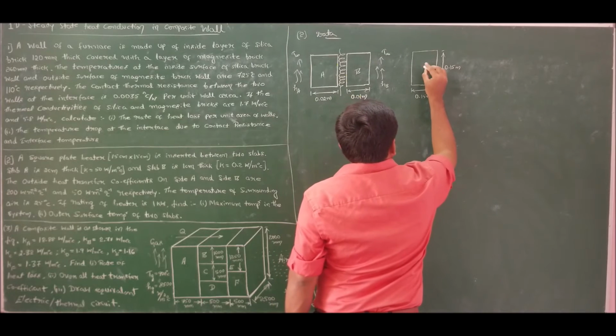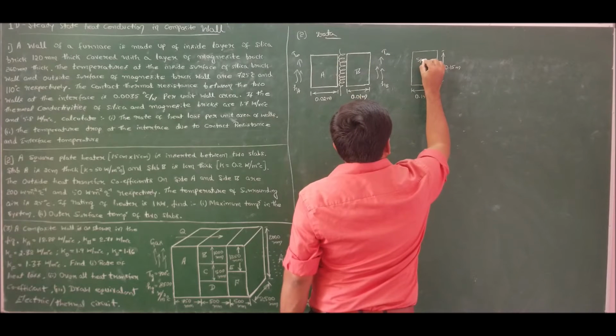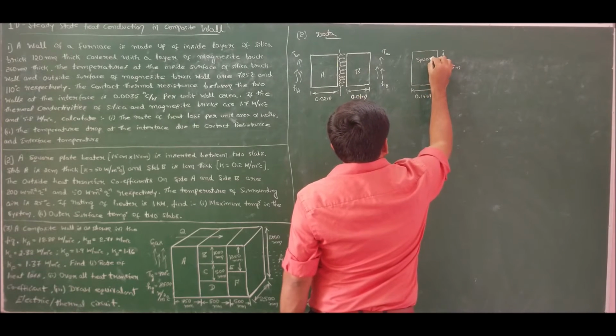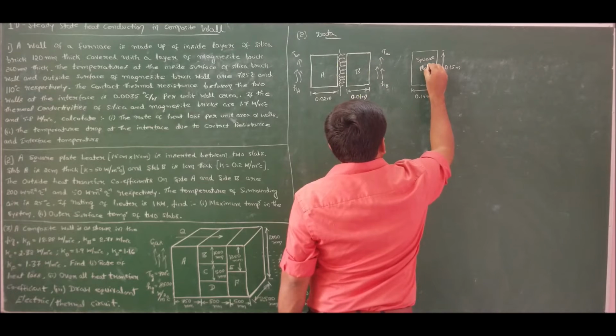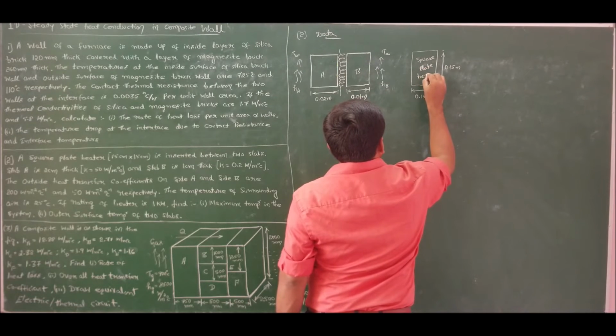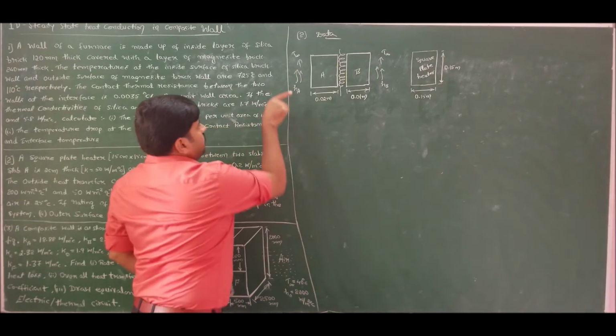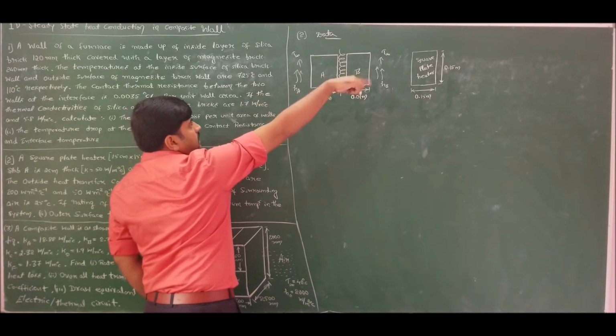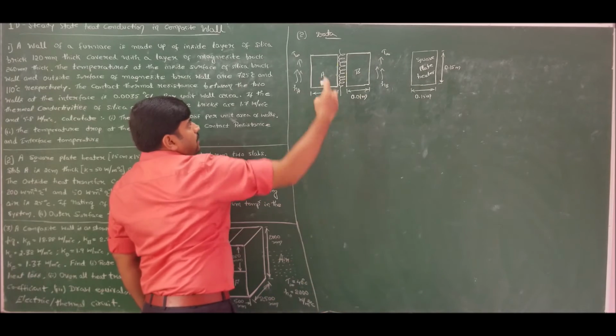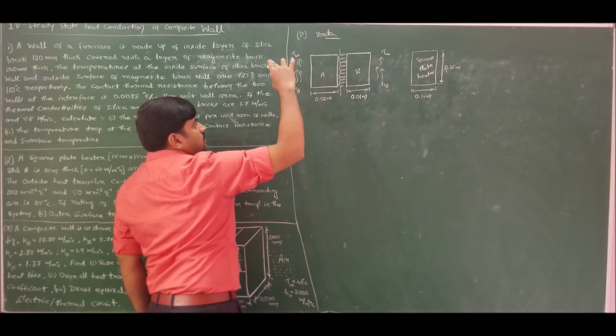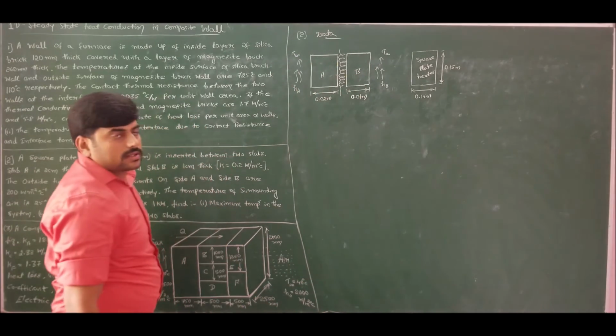So this is the square plate heater. Therefore, if I view from this side, I can see the area of the slab and the square plates, which are 15 cross 15 centimeters square.